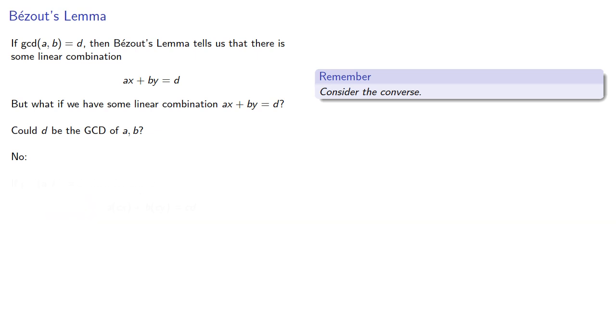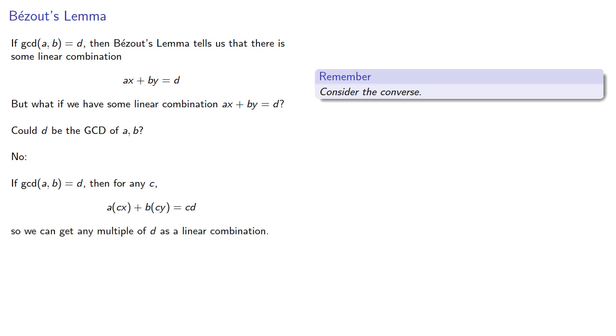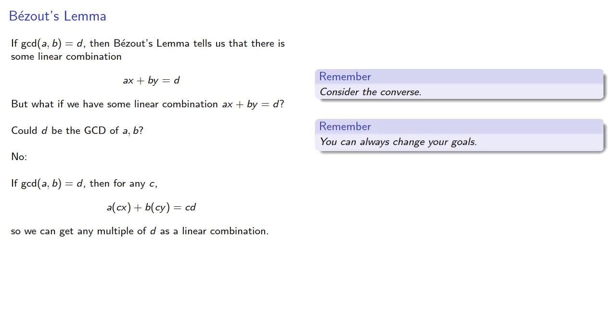If the greatest common divisor is d, then for any constant c, if we multiply everything, we can get a linear combination equal to cd. So we can get any multiple of d as a linear combination. While this seems like we can't get anywhere, remember, you can always change your goals.